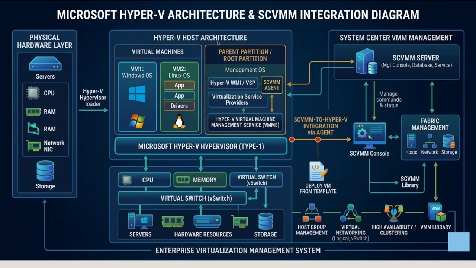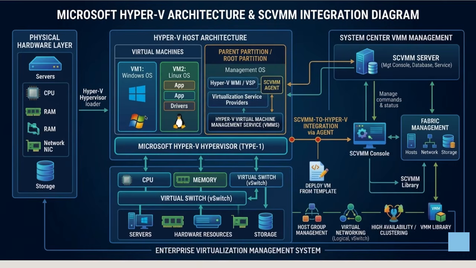On top of this hypervisor, there are partitions for virtual machines. There is a parent partition where the host operating system is located. Each virtual machine runs in its own guest partition or child partition. It has its own guest operating system as well.